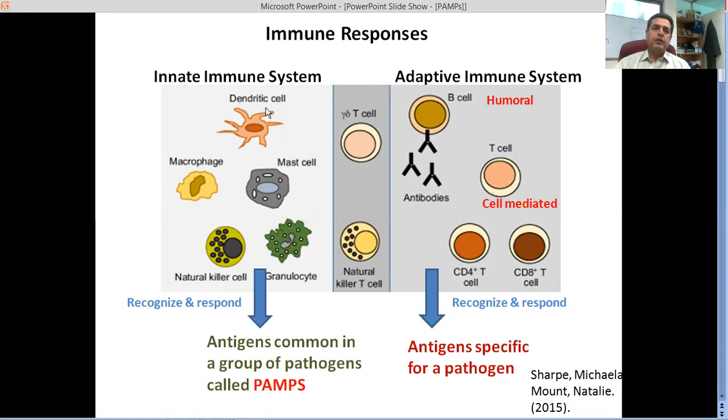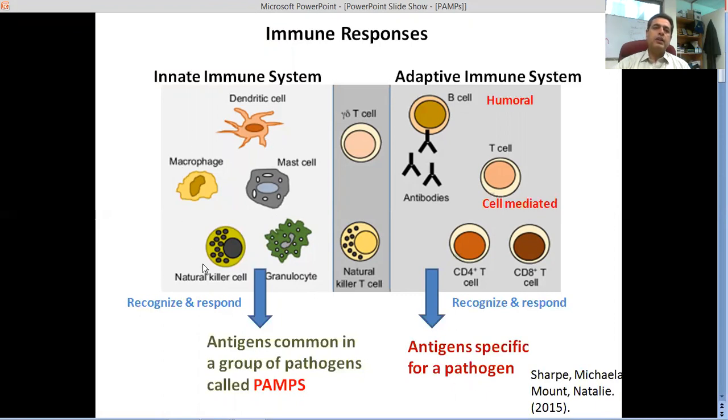So cells of the innate immune system, which include dendritic cells, macrophages, mast cells, natural killer cells, and granulocytes like neutrophils, etc., recognize and respond to different kinds of pathogens.